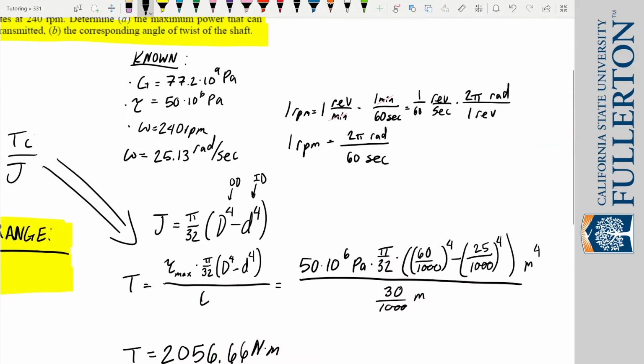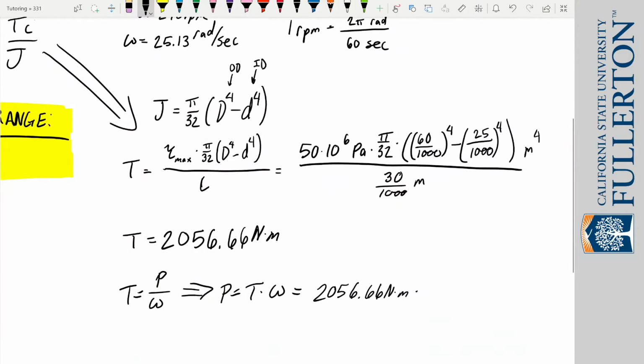We converted earlier to radians a second, which is what we need. So times 25.13 rad/sec.